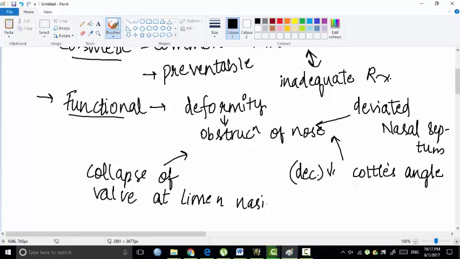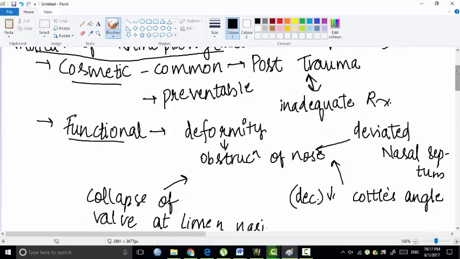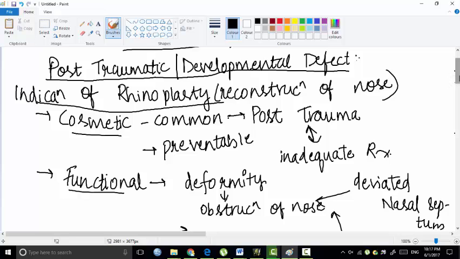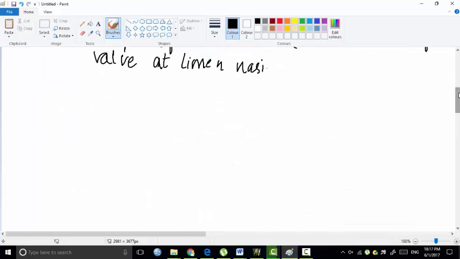Once there is obstruction of the nose, the patient can't breathe with the nose, so he adopts mouth breathing, which is really difficult for the patient. So due to that, the patient may opt for the rhinoplasty, right? There are majorly two different indications of rhinoplasty. One is cosmetic indication and the other one is functional indication, right?